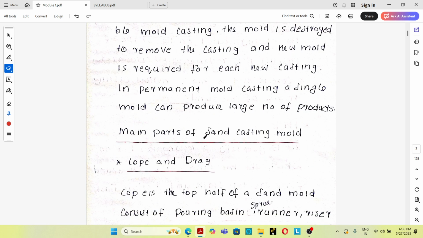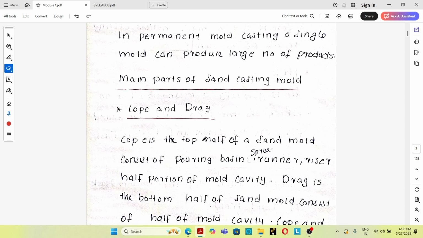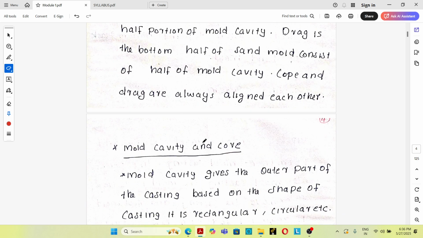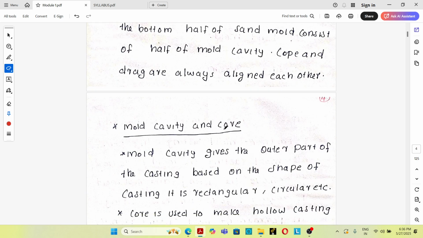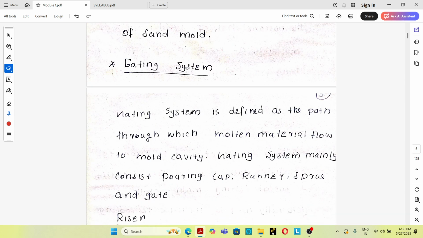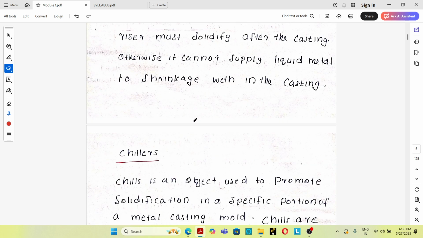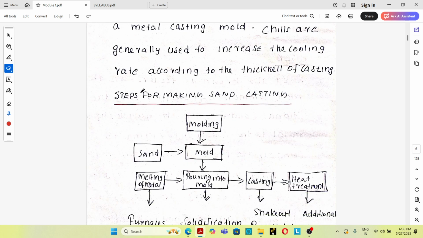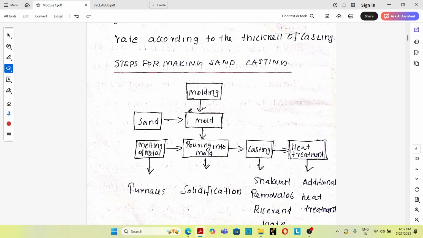What are the main parts of the sand casting mold? That's a very important one. We have cope and drag, mold cavity and mold core, flask, alignment pin, gating system, riser, chillers, and the steps for making a sand casting process. With a block diagram you have to study.